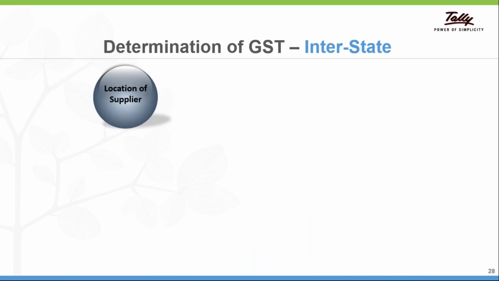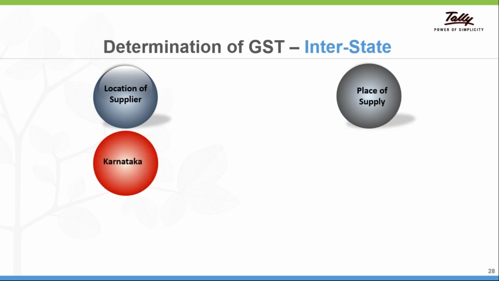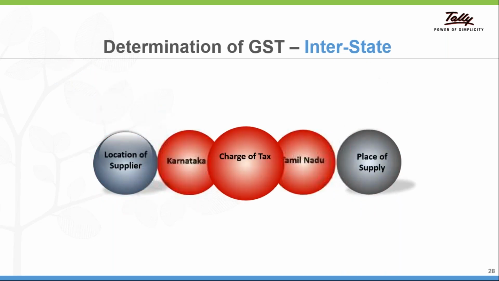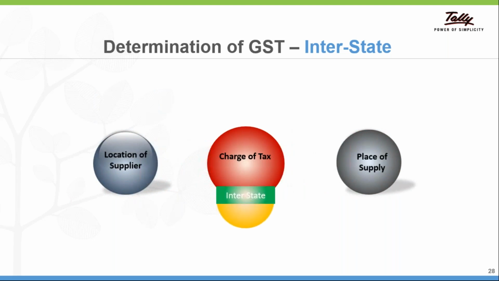If the location of supplier and the place of supply are in different states, then the charge will be IGST. If for example it is 18%, will it be less or more for IGST?